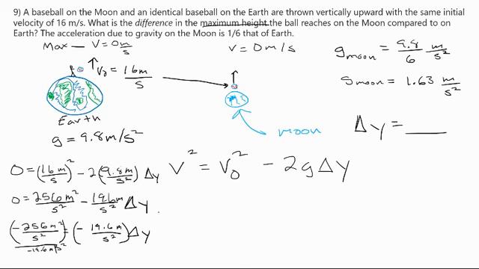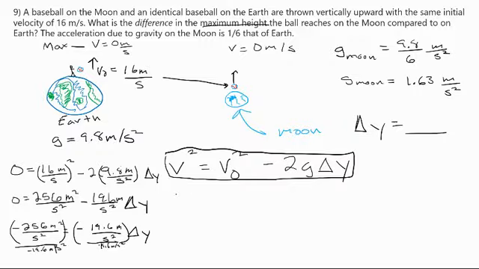Okay? And so then when I do that on both sides, I got to divide the same thing down here, negative 19.6 meters per second squared. I'm going to end up with, let me just close this off so we don't get confused, 256 divided by 19.6.